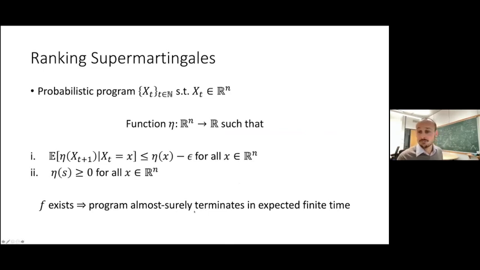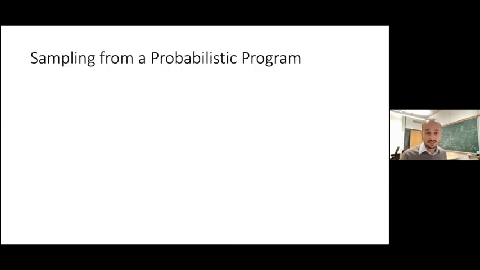This shows that the program terminates in expected finite time. And I've showed you before how to do this with deterministic programs, and now we know a bit the game, so we can apply it. We can modify our loss function so that it descends in expectation.